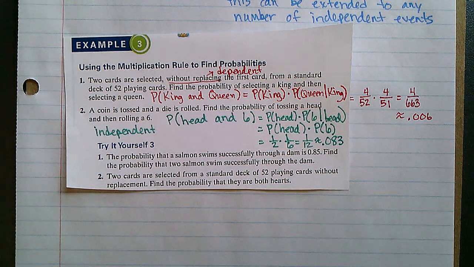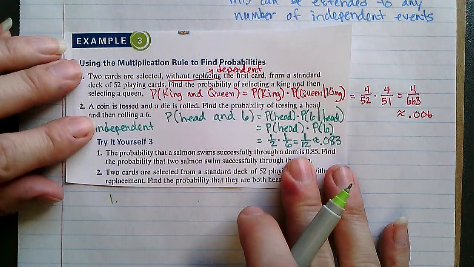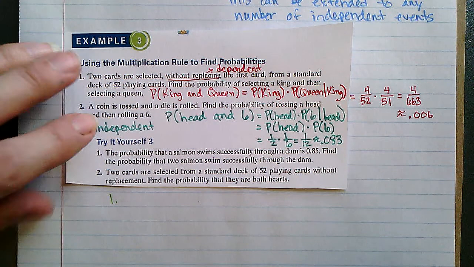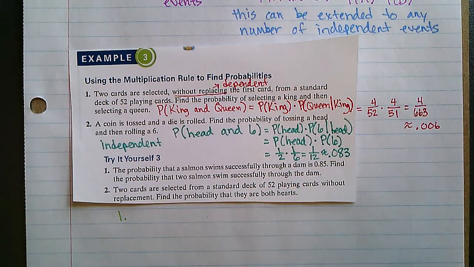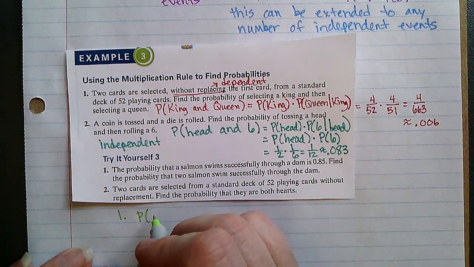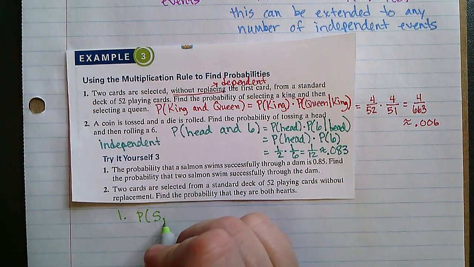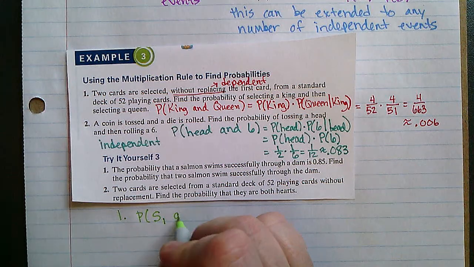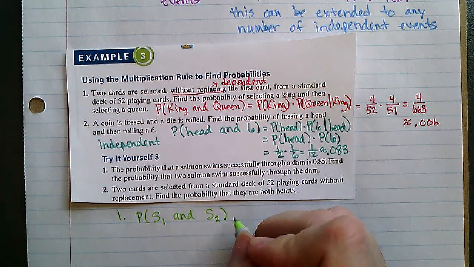Try it yourself. The probability that a salmon swims successfully through a dam is 0.85. We want to find the probability that 2 salmon swim successfully through the dam. So the probability that the first salmon is successful, we'll say S1 for successful salmon 1, and the second salmon is successful.